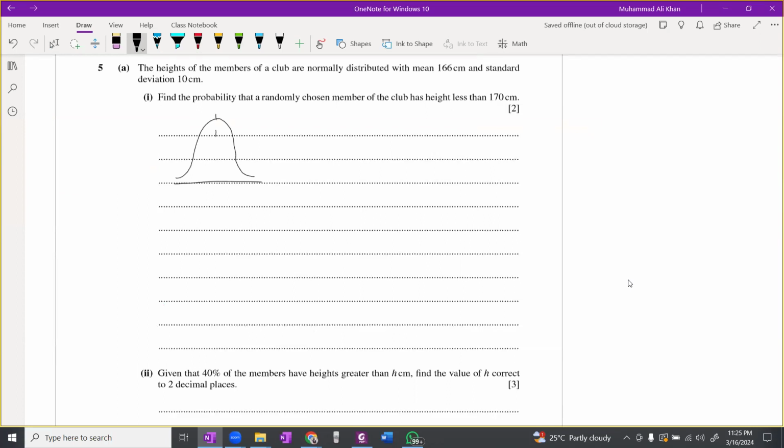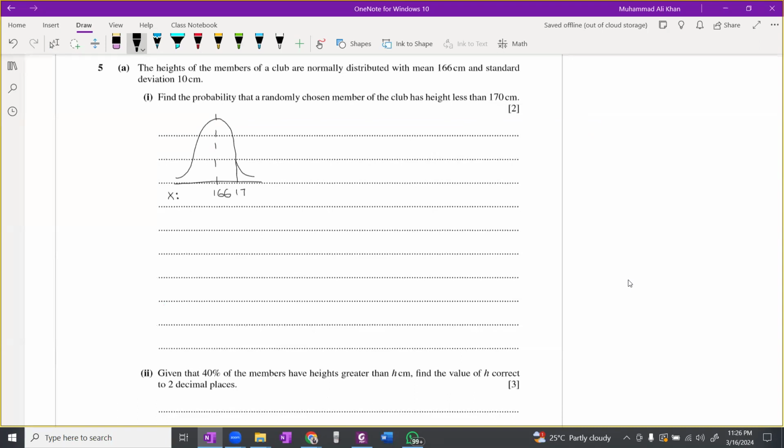What is the mean value? The mean value is 166. जब भी mean value 0 ना हो, so it means these are the values of x. We have to calculate the probability that a randomly chosen member of the club has height less than 170.